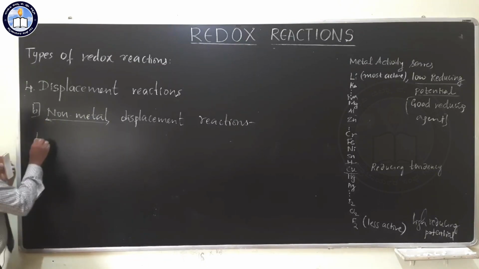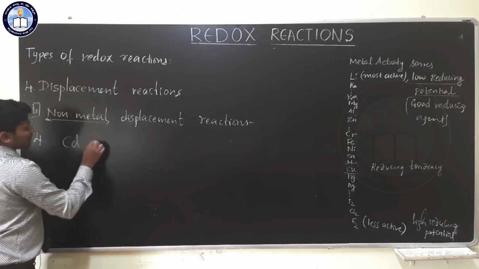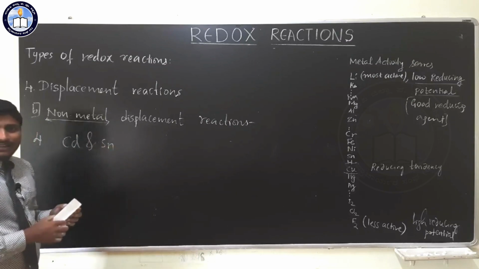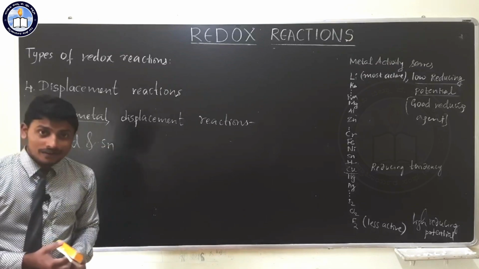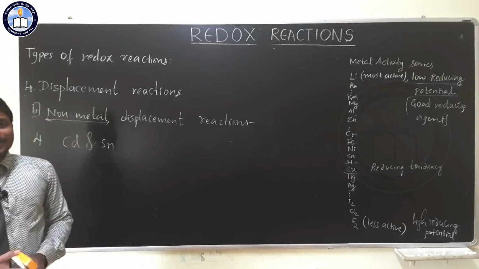Fourth one, there are even certain metals like cadmium as well as tin. These metals do not react with water, but when we add acid to them, they definitely replace hydrogen.